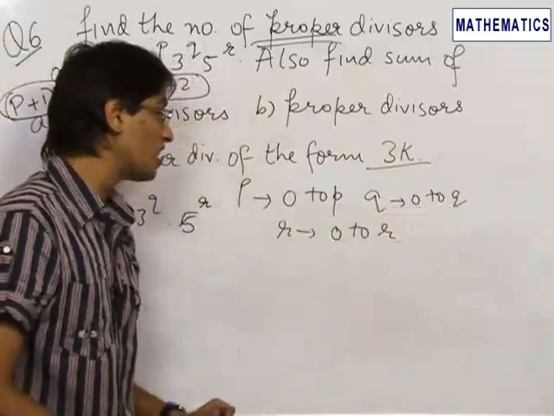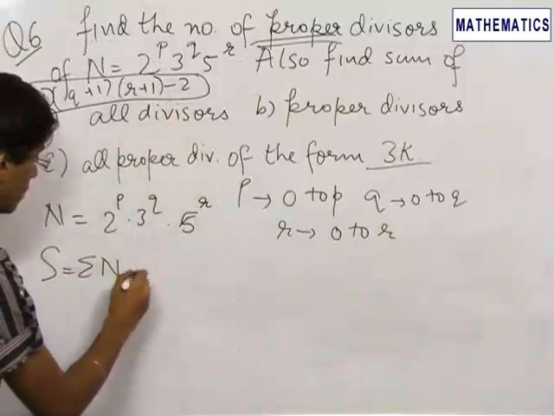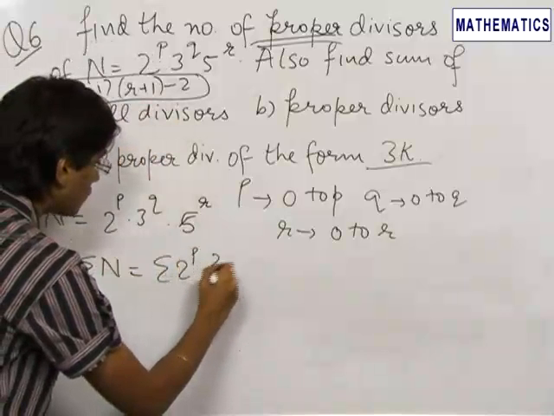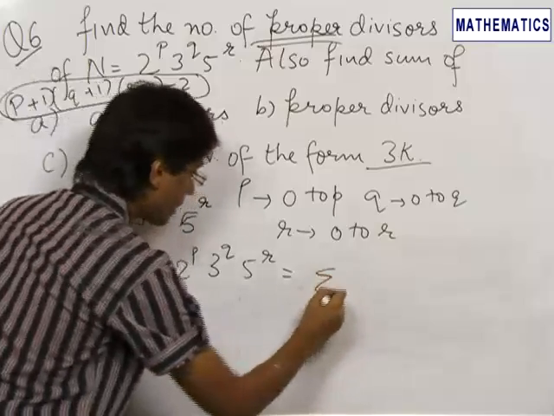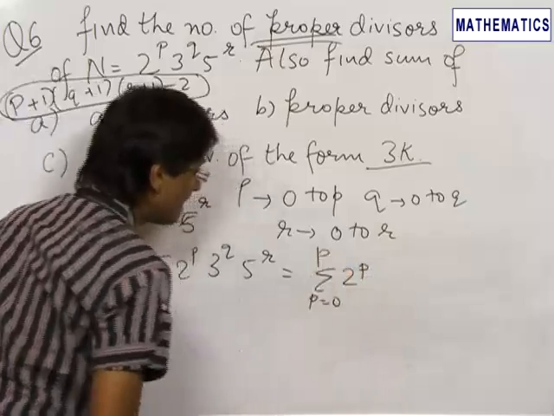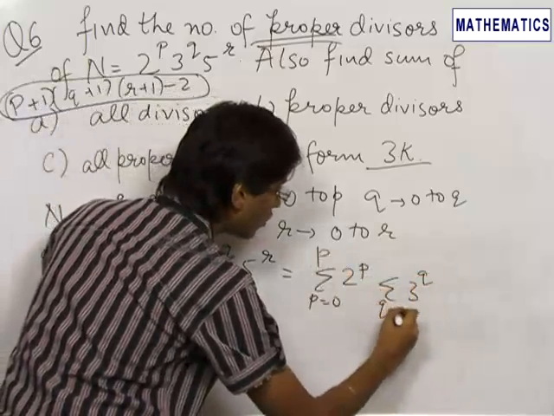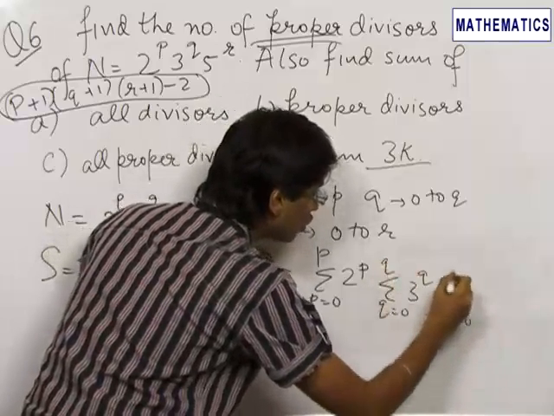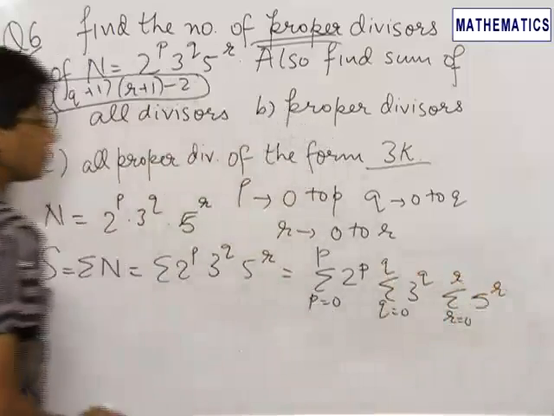Similarly 0 to q over here and 0 to r over here. So sum is equal to sigma n, which is equal to sigma 2 power p, 3 power q, 5 power r. This is equal to sigma 2 power p, p equals 0 to p, sigma 3 power q, q is equal to 0 to q, and r is equal to 0 to r sigma 5 power r.